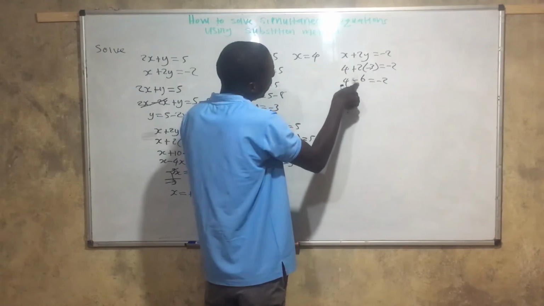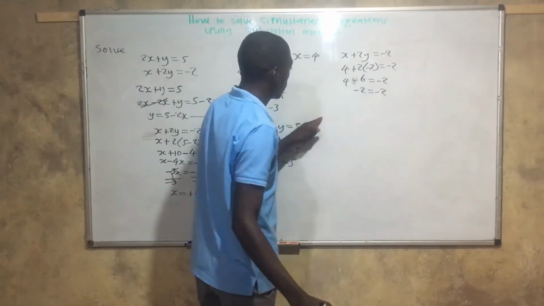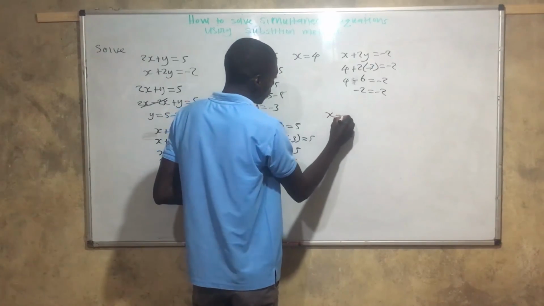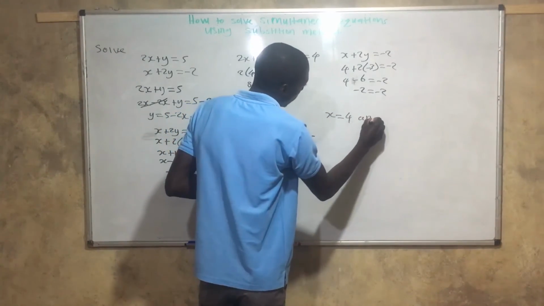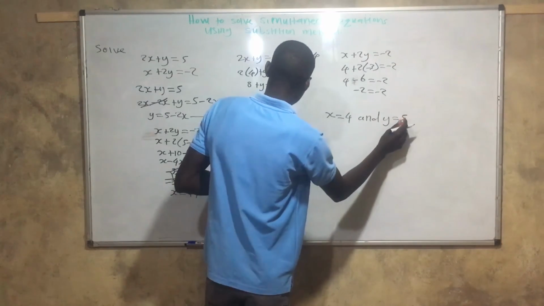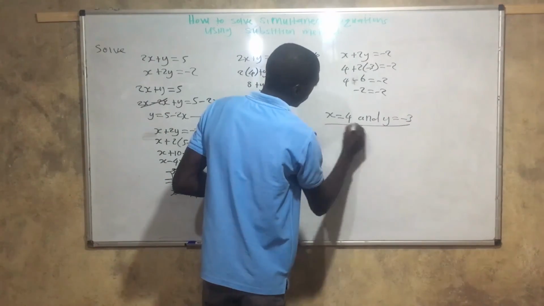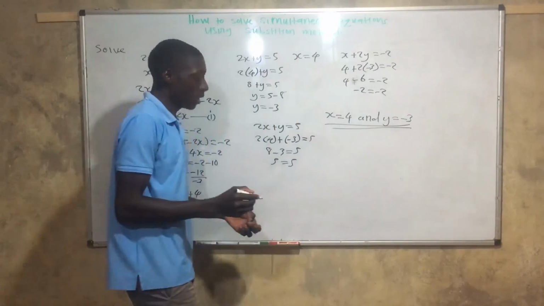So 4 minus 6 is negative 2, is equal to negative 2. So this shows that x is equal to 4 and y is equal to negative 3, which we found. So these are the values of x and y.